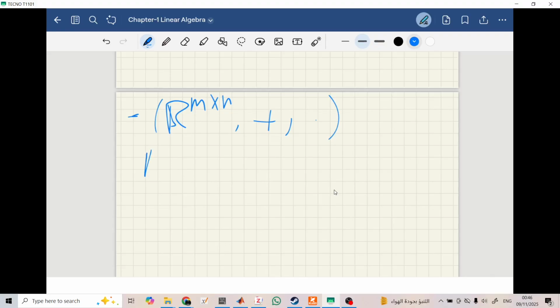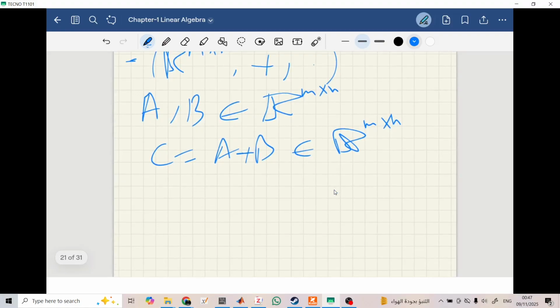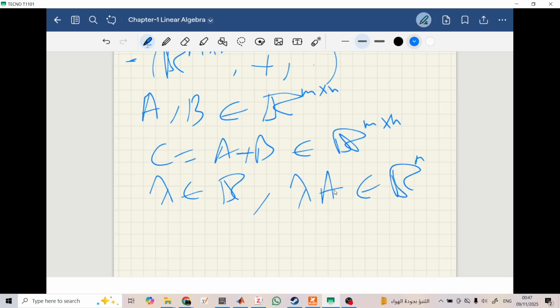For A and B belonging to R^(m×n), of course A plus B also belongs to that same space, and for lambda in R, we can easily show that lambda A also belongs to the same space, so it is closed under addition and multiplication.